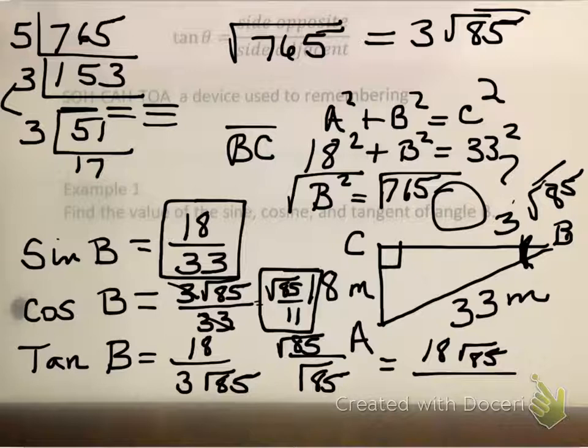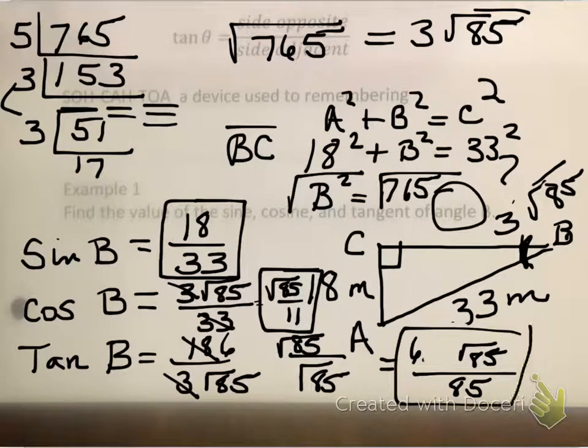Before I go to all the trouble of canceling, I could have canceled here, which would have left me with a 6, and then that would be 6 over 85. And that won't reduce. So 6 rad 85 over 85. That would be the best way to do that one. Let me circle my answer.